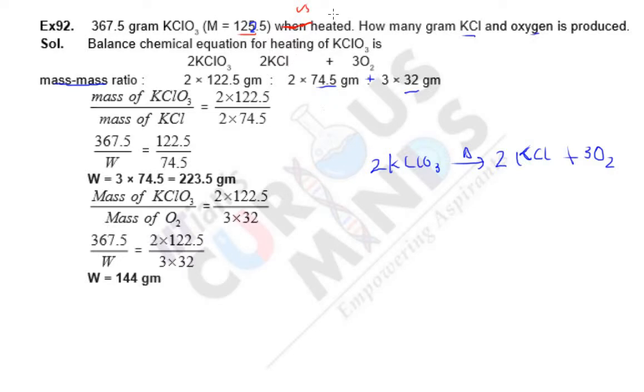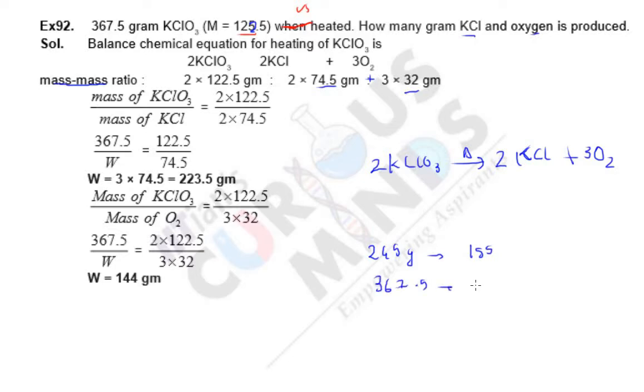Now what is given? If we take this much amount of KClO3, then how many grams of KCl and oxygen are produced? You can see that if 2 moles, 245 grams of KClO3, give 149 grams... how much? 155 grams. Then how much will 367.5 give?